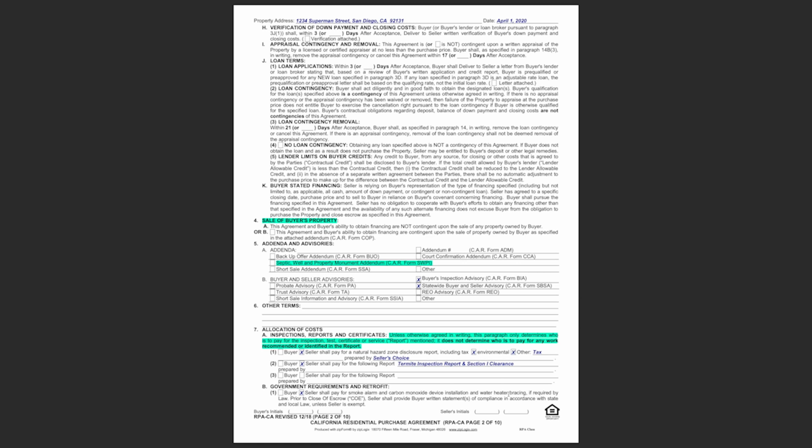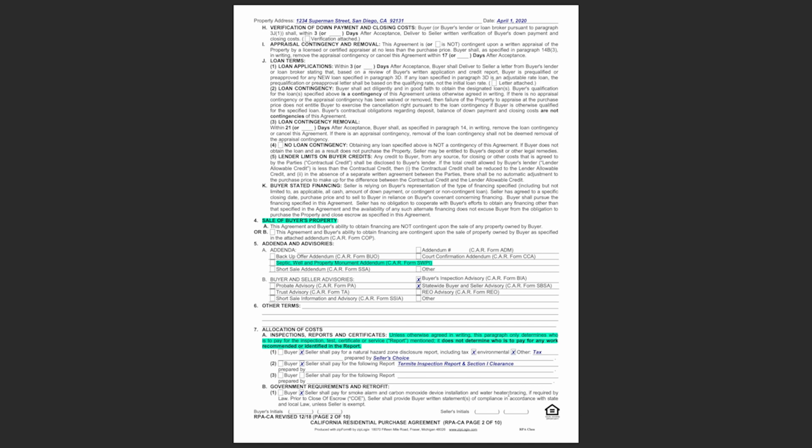So if your buyer is getting an FHA loan and they go to the property to get the appraisal done, and that appraiser notes that those items are not done correctly, now you have to go back to the seller, ask for it to be repaired at that point in time, and then you're going to have to do a reinspection report from the appraiser, which is going to cost additional funds and take additional time.